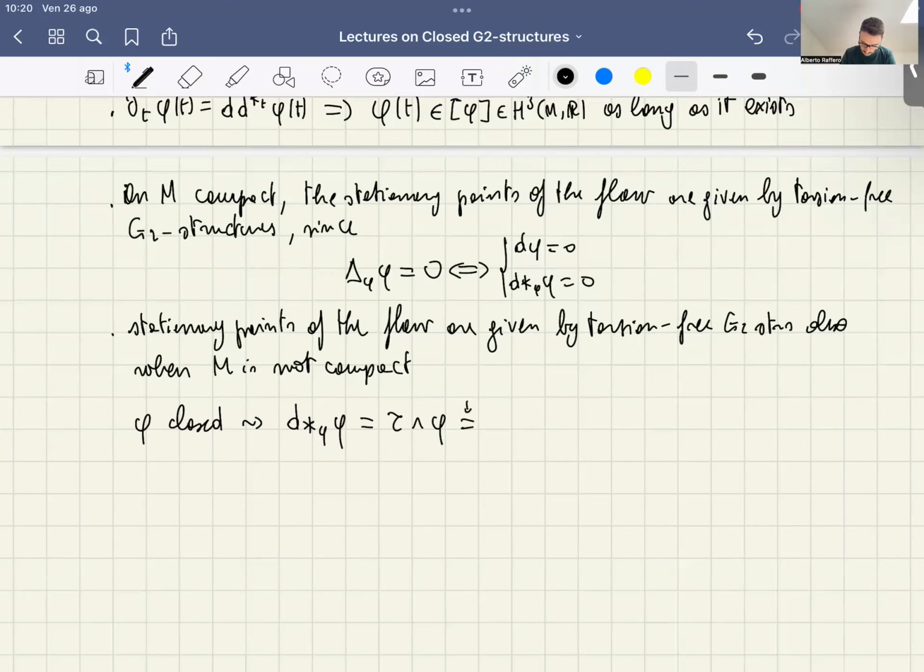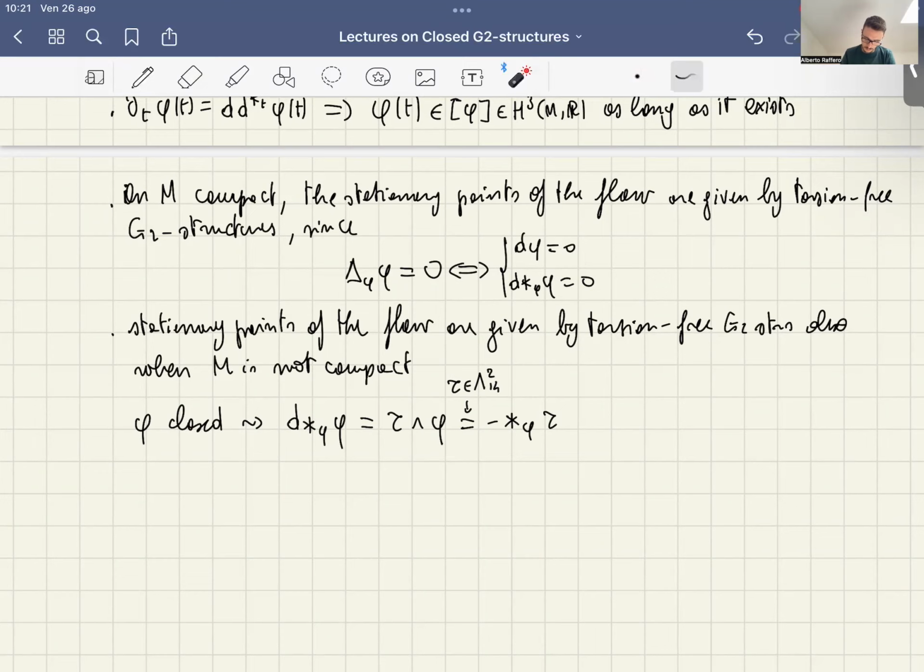So because of this fact, recall that tau pointwise belongs to the G2 irreducible submodule lambda 2 14, then this tells you that it is equal to minus the Hodge dual of tau by definition of that module.